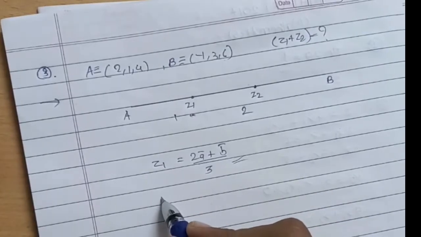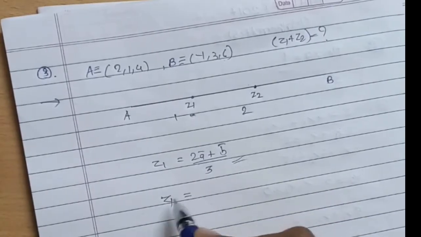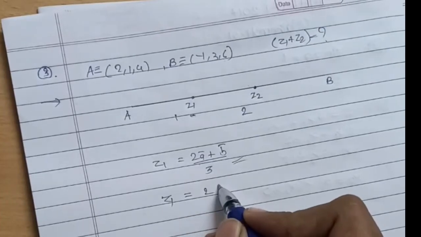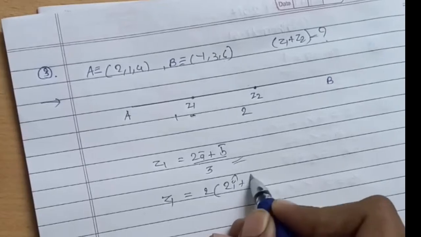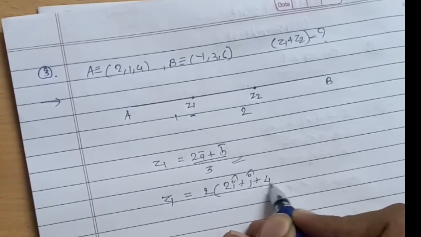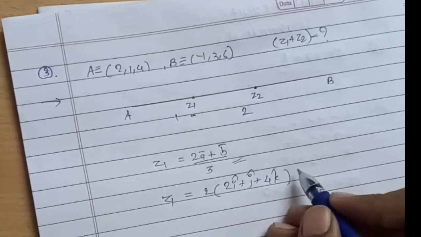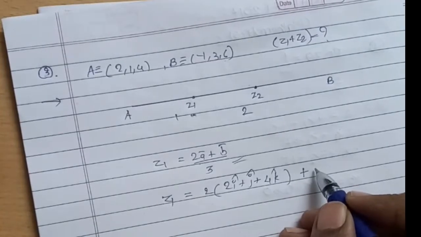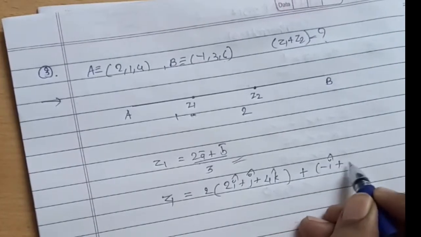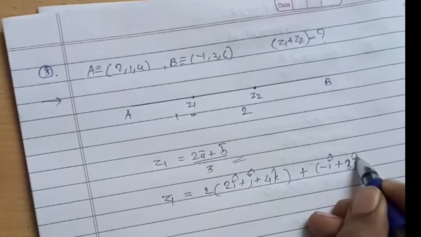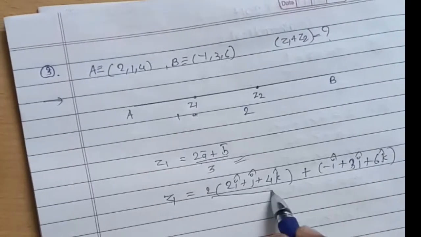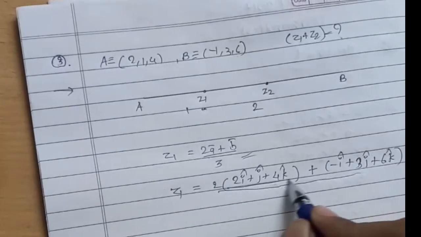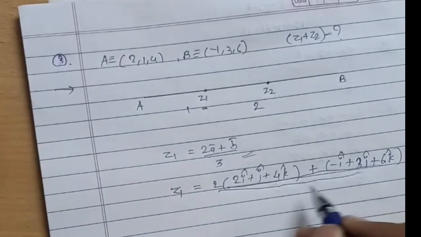So here we get z1 = [2(a̅) + b̅]/3. a̅ is 2i + j + 4k, and b̅ is -i + 3j + 6k, the whole divided by 3.